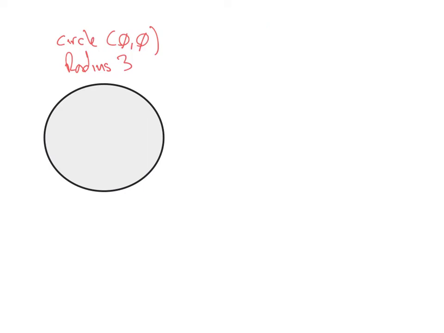Now, if we consider our circle of radius 3, there are other ways to describe it. We did a visual description before using the Cartesian grid, but we can also use an algebraic method to describe it via a general form of an equation.